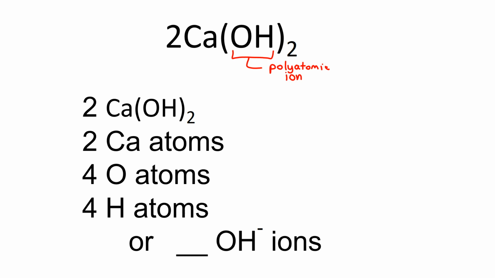Some compounds are going to have a group of atoms that forms an ion that we have to keep together. So the reason why I use the parentheses is because I wanted to represent that I have 2 groups of OH. The ion that I formed here is OH negative, which is called hydroxide. So how many moles of hydroxide ions do I have?